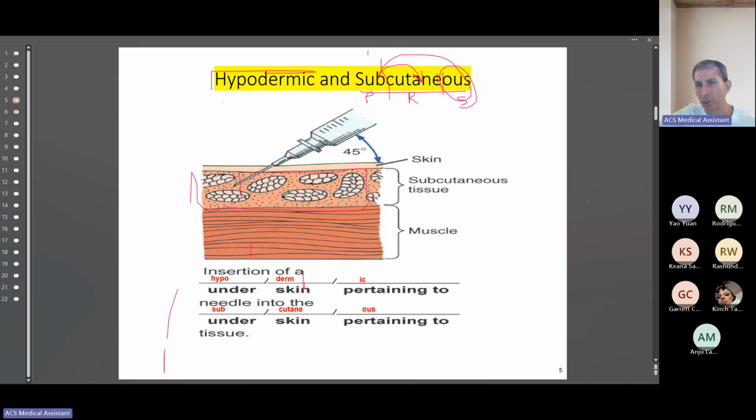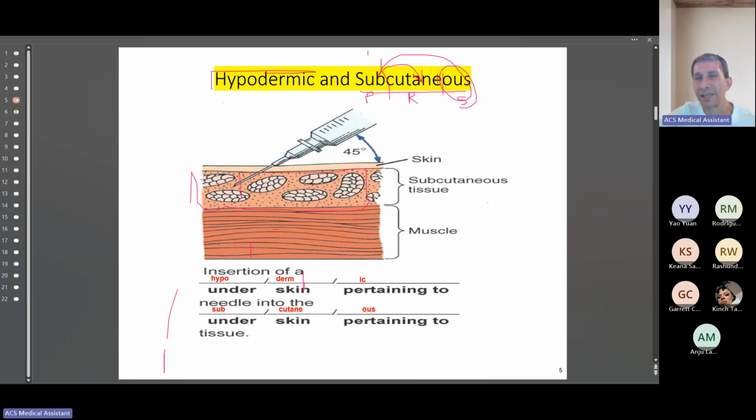Right here, it doesn't show it, but the subcutaneous tissue is the same as the fat tissue. It's the same as the hypodermis. See, in medicine, we have problems because we have one part of tissue or organ that can have 1, 2, 3 names. And we need to know when to use each of them.